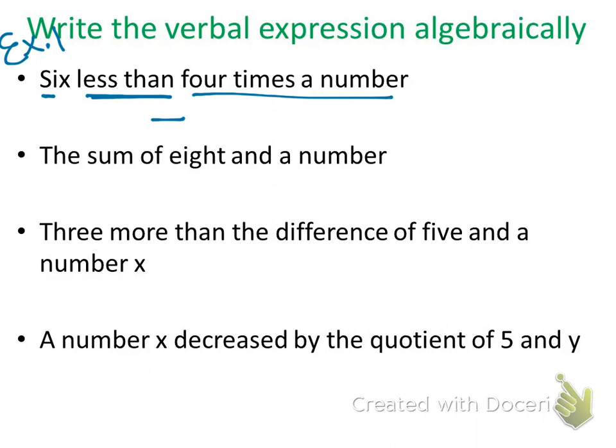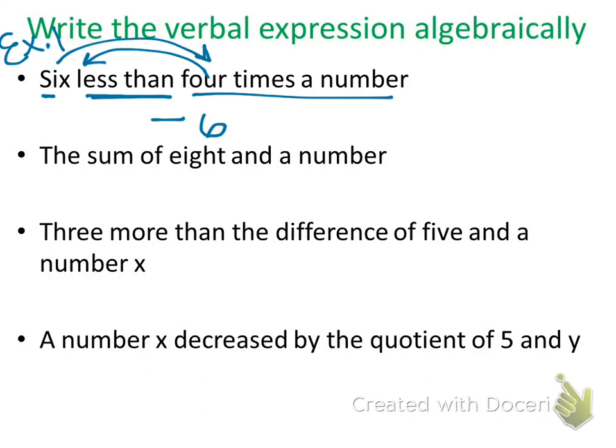But there should be warning signs, lights going off in your head, flags waving. What does the word less than mean I have to do? Exactly. Flip the order. The first one goes second and the second one goes first. So I'm going to write 6 at the back and 4 times a number.